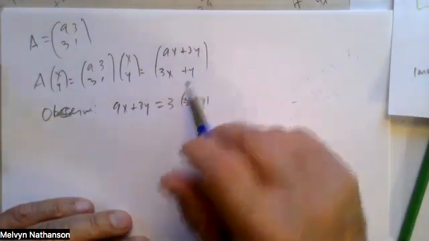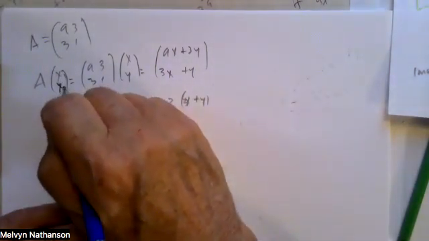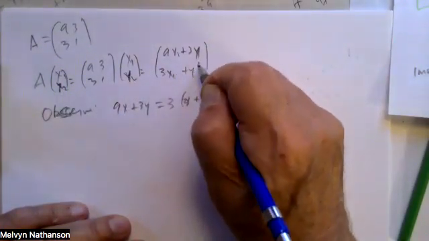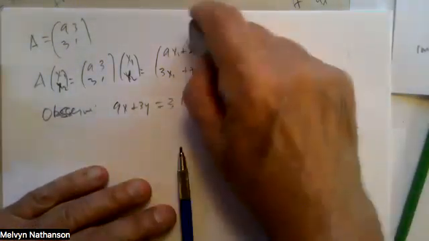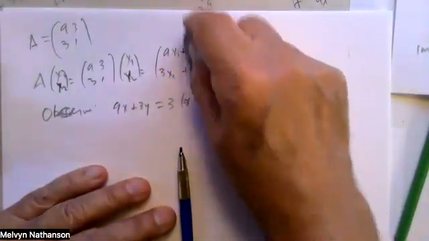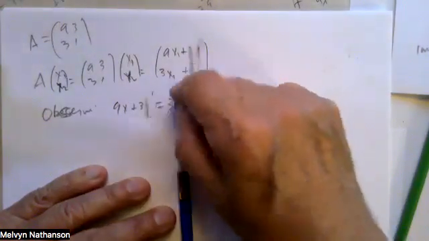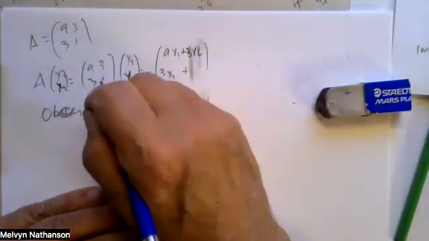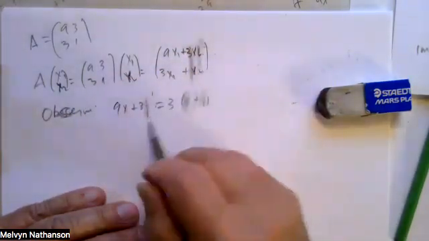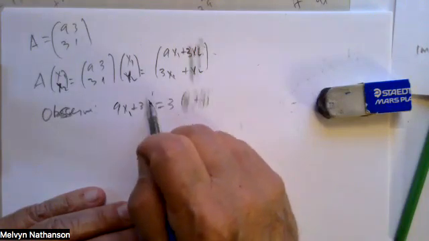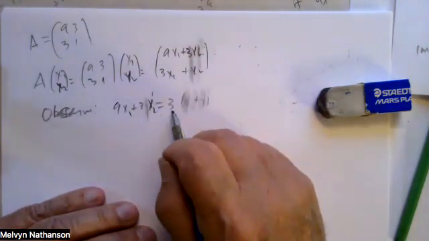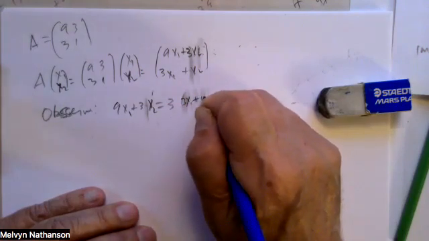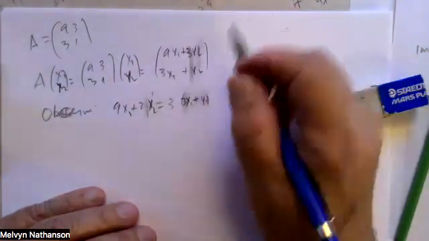So let me keep it x1, x2. So this is 9x1 plus 3x2, 3x1 plus x2, and 9x1 plus 3x2 happens to be exactly 3 times 3x1 plus x2.